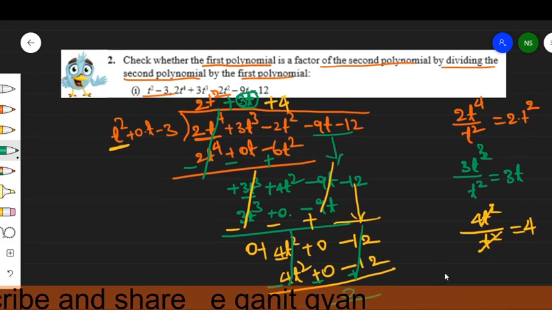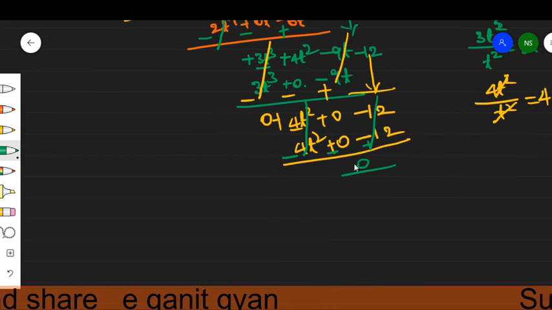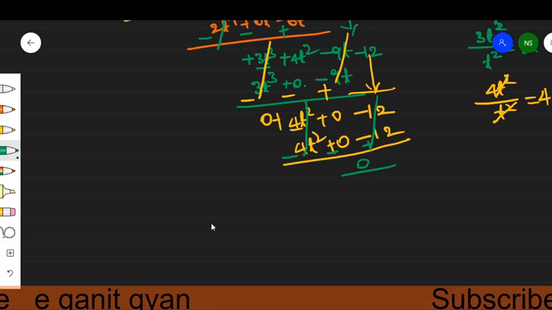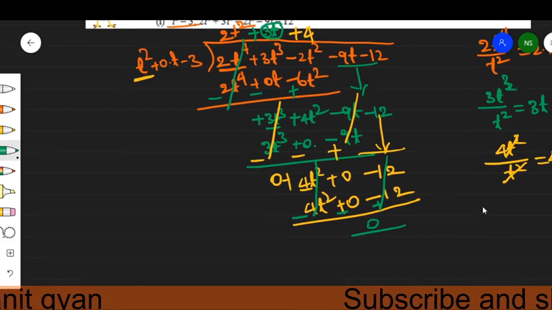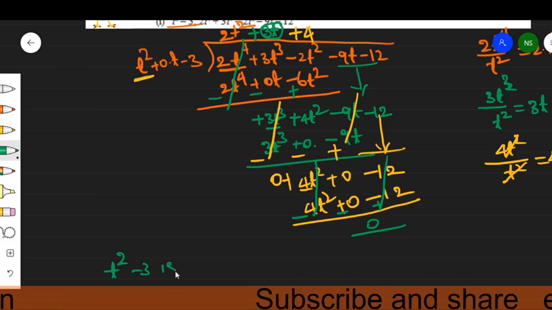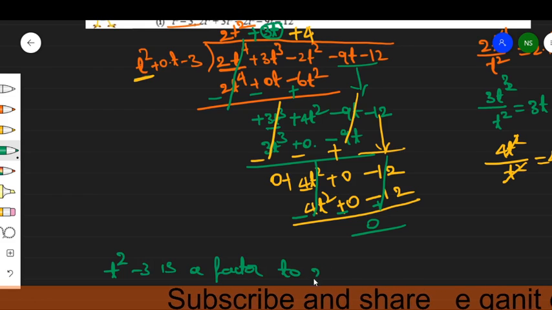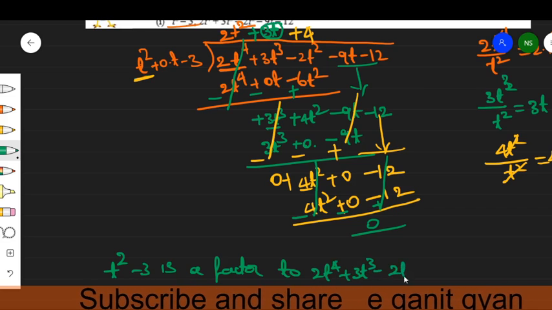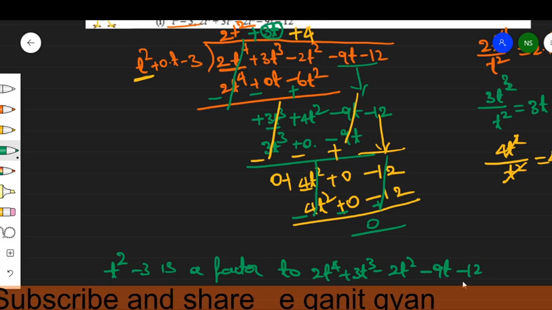If we don't get 0 here, we will write the first polynomial is not a factor of the second polynomial, but we are getting 0 here. So we can write t square minus 3 is a factor of 2t power 4 plus 3t cube minus 2t square minus 9t minus 12.